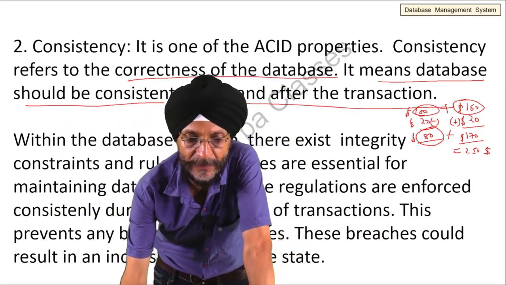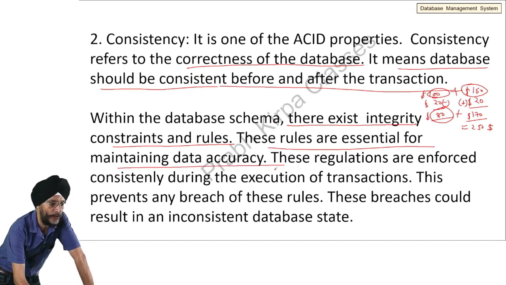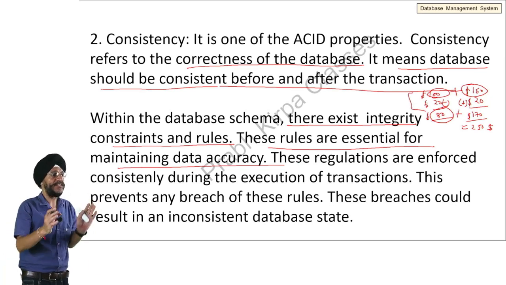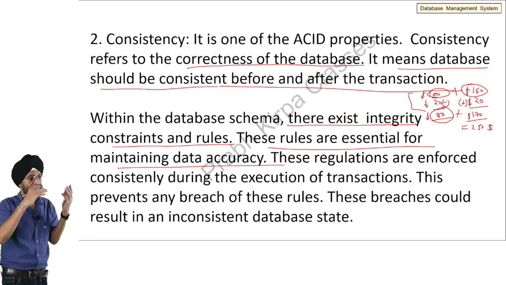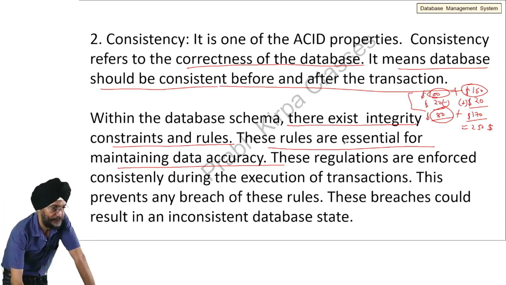Within the database schema, there exist integrity constraints and rules. These rules are essential for maintaining data accuracy. How does this consistency happen? For this, there are integrity rules or certain regulations which the DBMS follows.